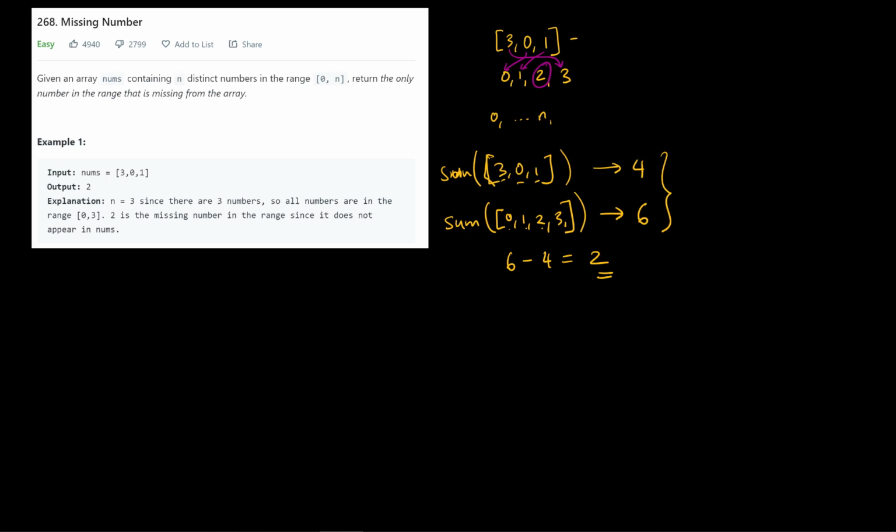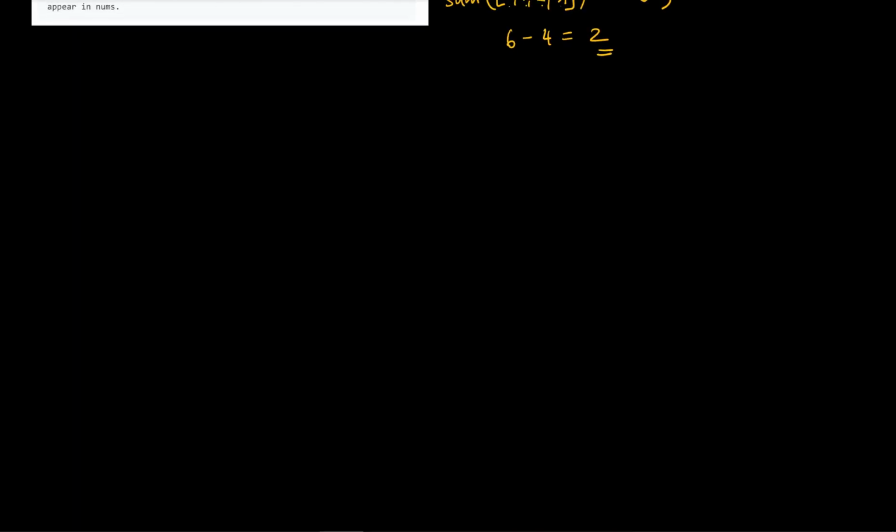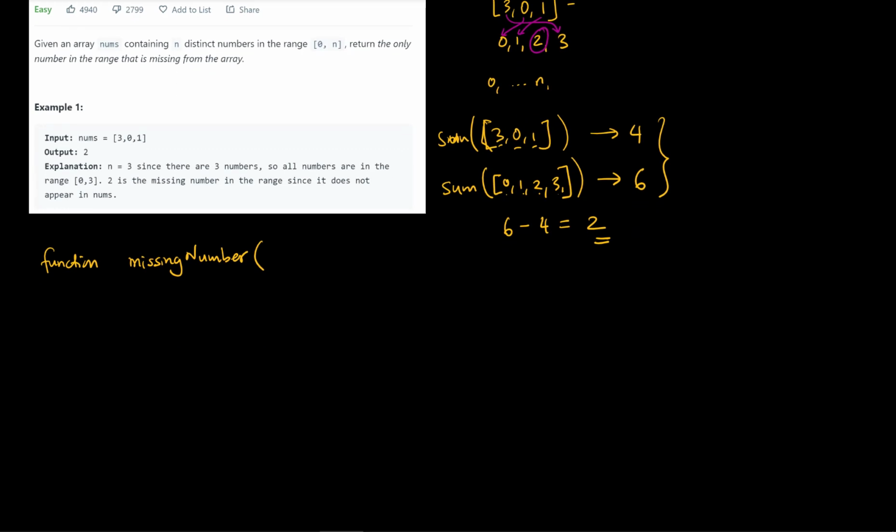So if we write the code for this method 1, let's call it function missingNumber using JavaScript. The number should be in the array.